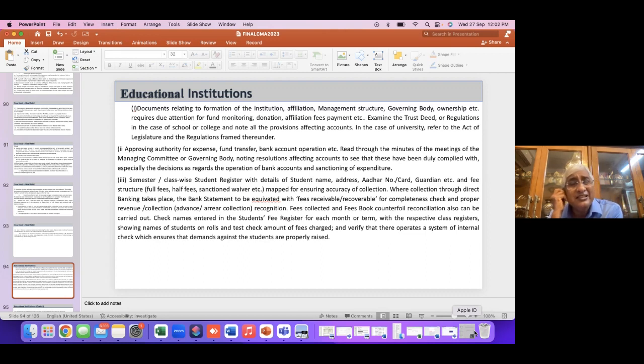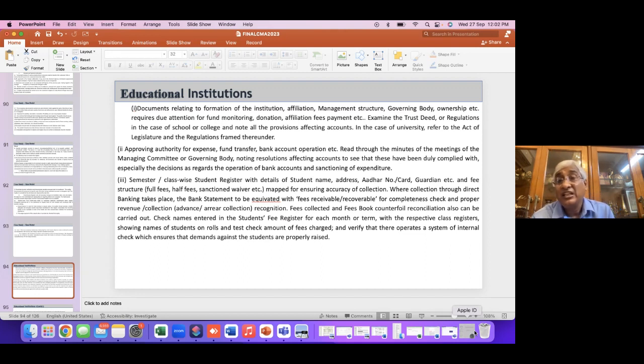So when writing this type of question in the examination hall, first you are to say, I am considering the following. Number one, it's a trust or an organization under private ownership. That will elaborate into certain points, namely which regulations are applicable.